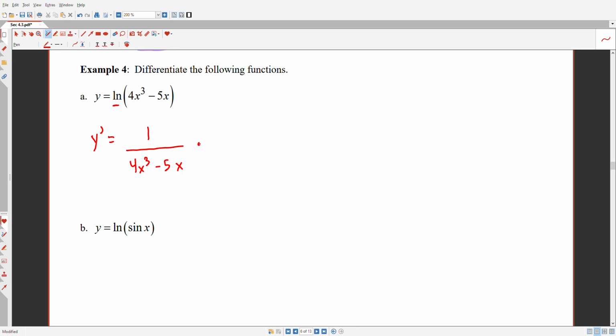And now I just have to multiply by the derivative of that inside function. So when I take a derivative of that inside function, I'm going to get 12x squared minus 5, and that's all divided by 4x cubed minus 5x.